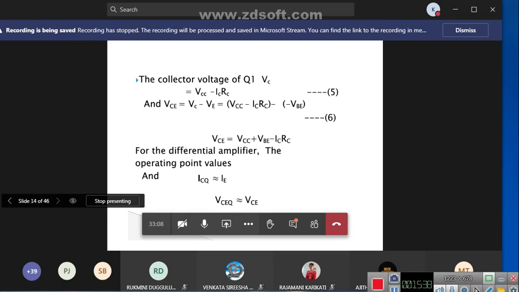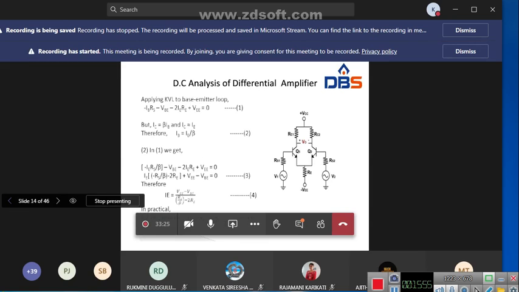Next we need to find the collector emitter voltage VCEQ, right? The coordinates of the operating point are IC and VCE, so we need to calculate VCE also. Here is the collector voltage of Q1. It is VCC minus this voltage drop.